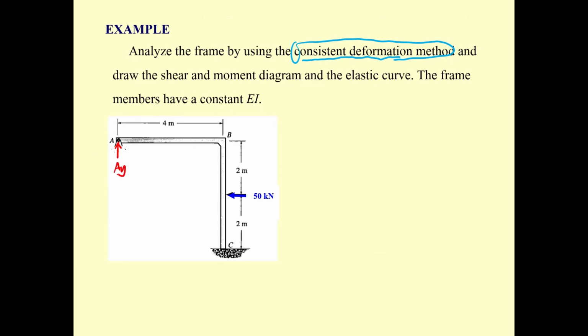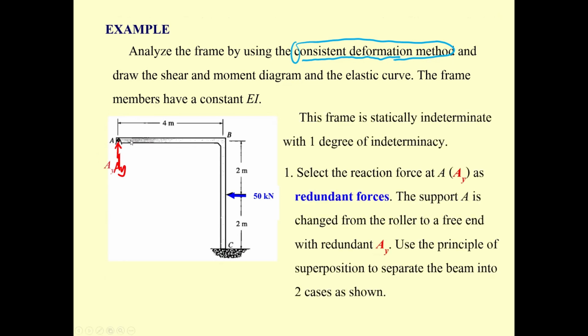The concept: take the roller out, replace it with the redundant A_y. So change the roller to a free end with A_y. Now our structure changes to free and fixed. That's going to be statically determinate.